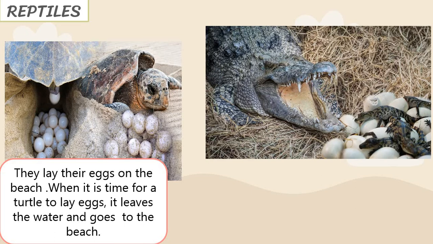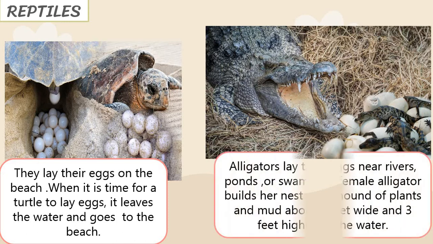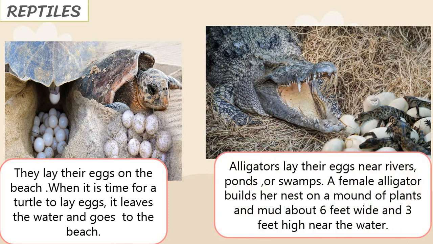As for alligators, they lay their eggs near rivers, or in ponds, or in swamps. A female alligator builds her nest on a mound of plants and mud about 6 feet wide and 3 feet high near the water.